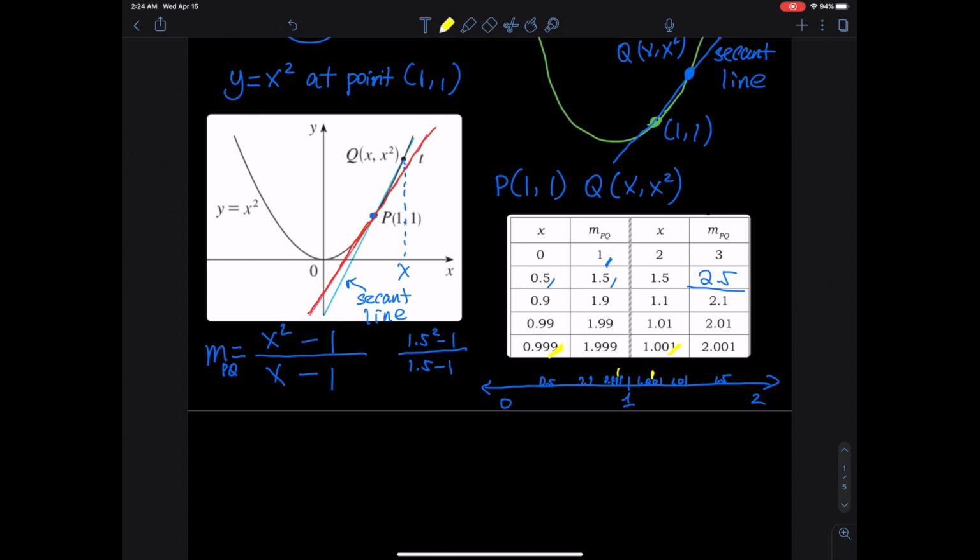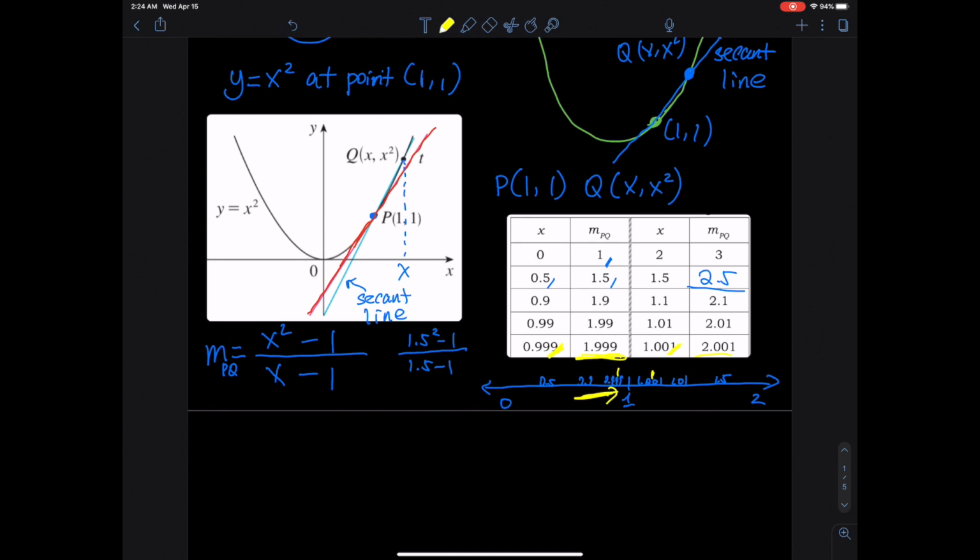When x approaches 1 from the left, we are looking at 0.99. The slope is very, very close to 2. Let's look at the other side. When x approaches 1 from the right, what is the slope? The slope is 2.001. So to me, the slope is equal to 2.